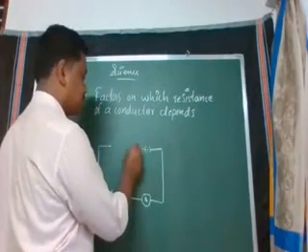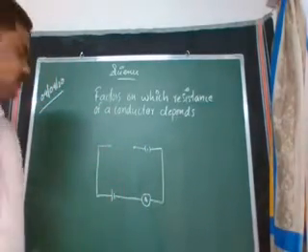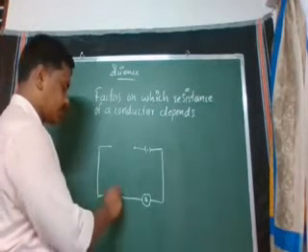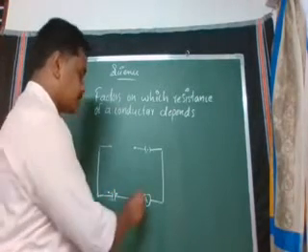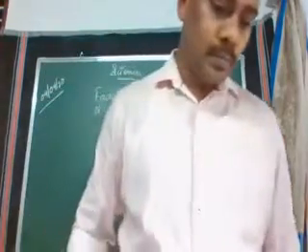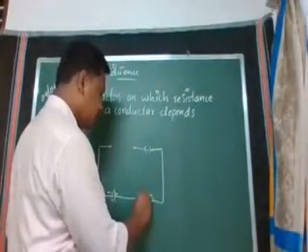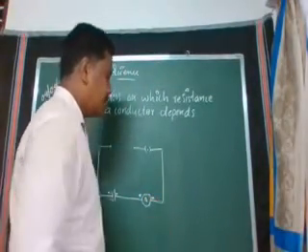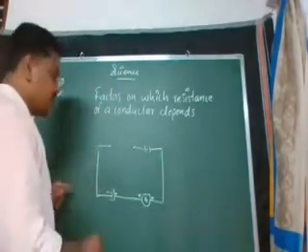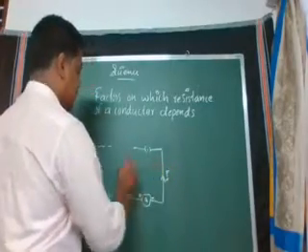Then here one gap is there. In this gap we are going to connect some wires. This is the negative terminal and this is the positive terminal. Positive and negative of the ammeter, the switch key, and one space in between, and current I flows in this direction.